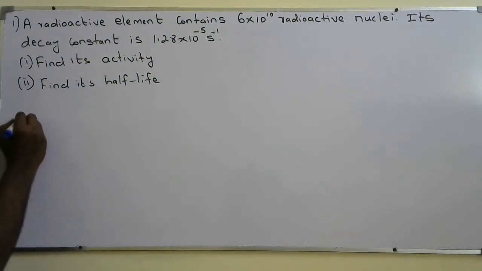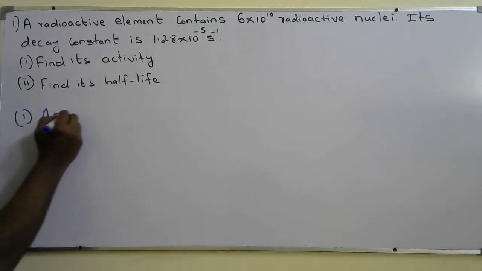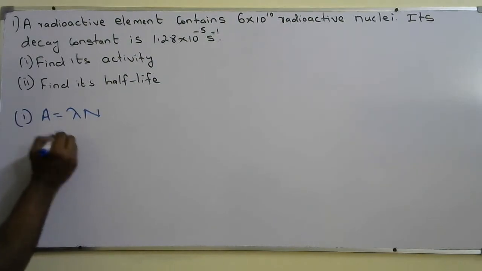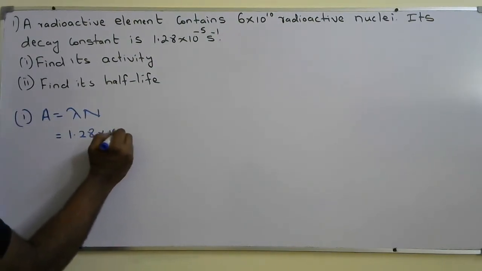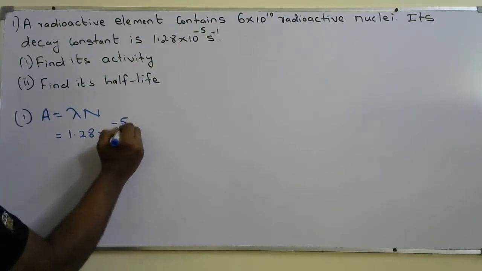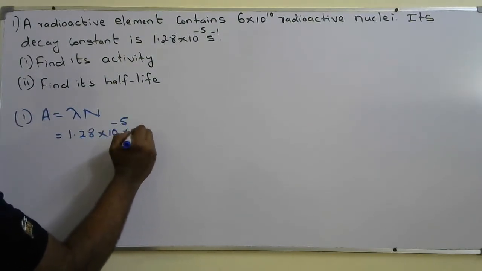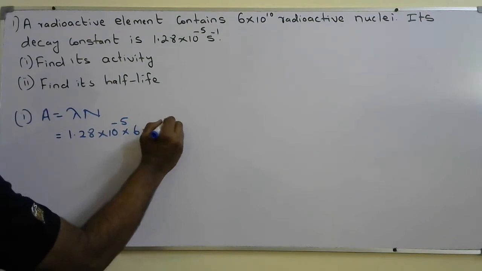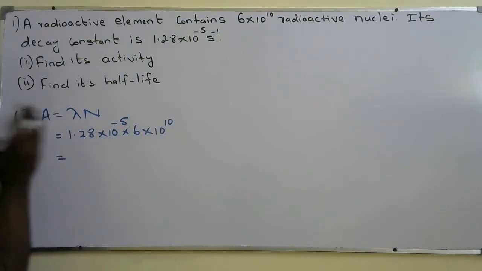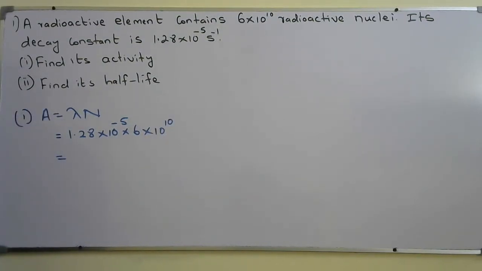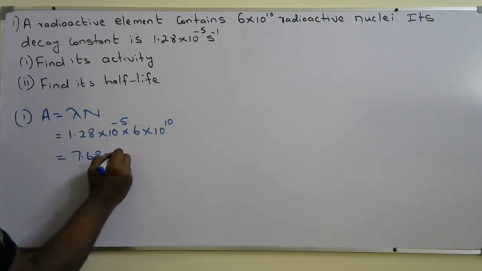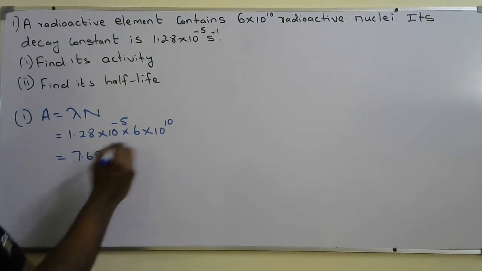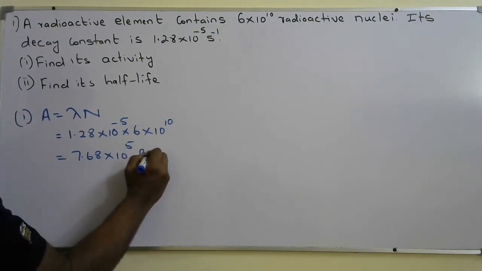First part, we can find A equal lambda N. Lambda we know is 1.28 into 10 to the power minus 5, into N which is 6 into 10 to the power 10. So that will be equal to 7.68 into 10 to the power 5 Bq.